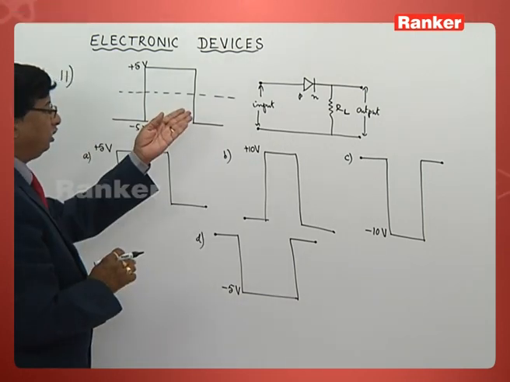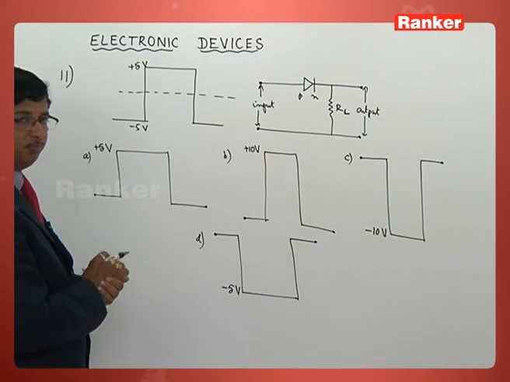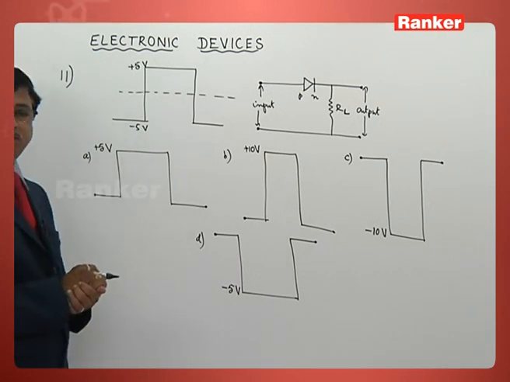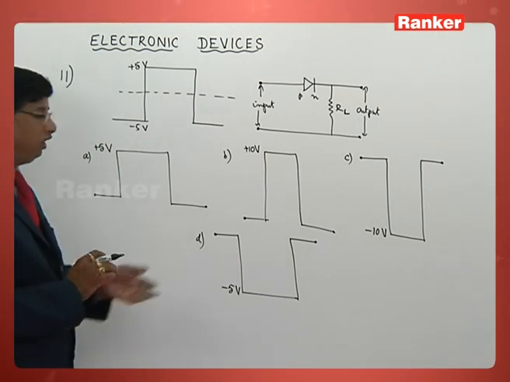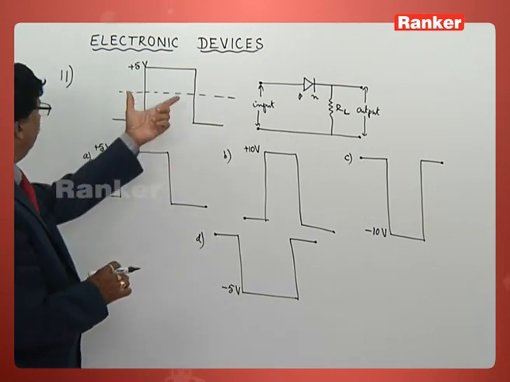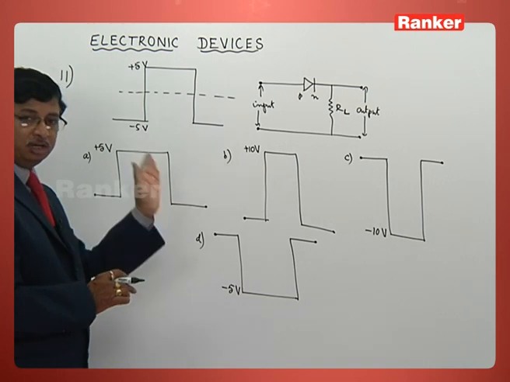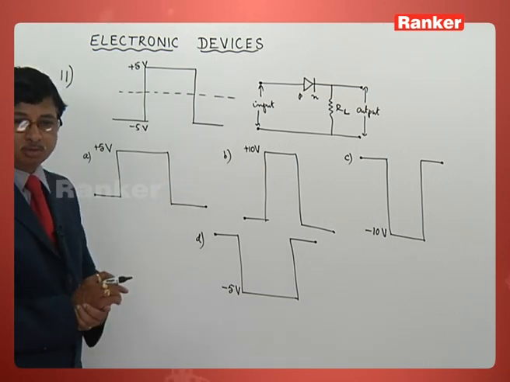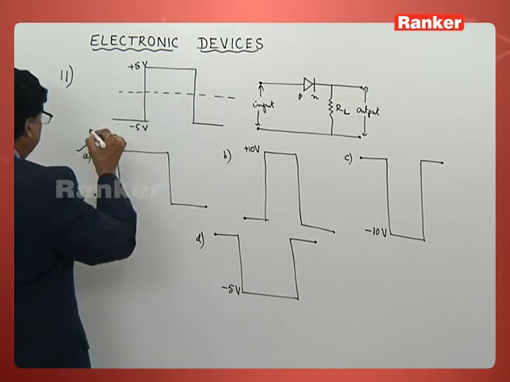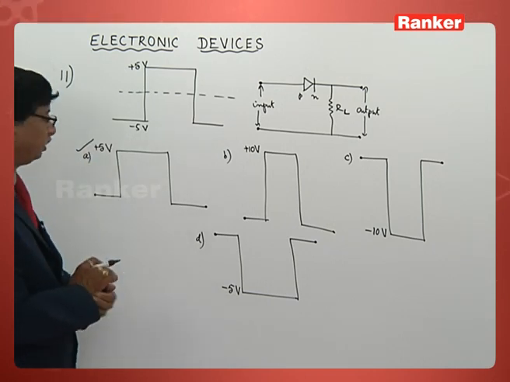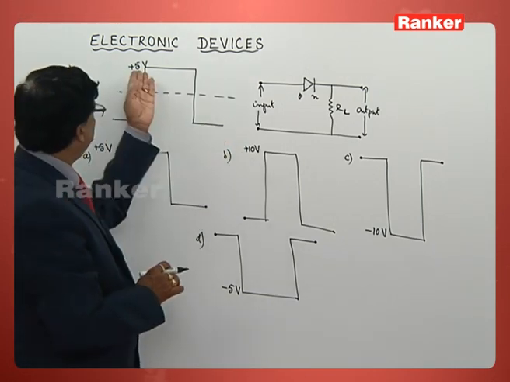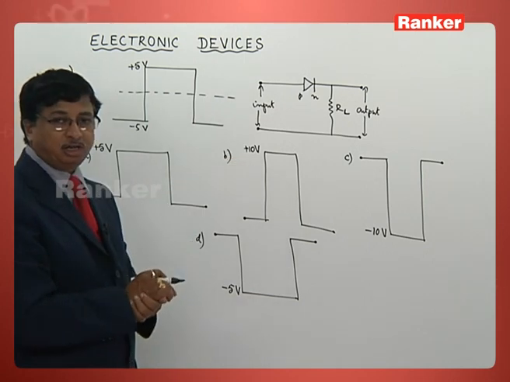We can all understand that it is almost like a half wave rectifier. So, in this particular case, the positive half of the cycle of the input only will come out. So, automatically this must be the correct option for us, because this is 10 volt. Here the maximum is 5 only, we cannot get 10.